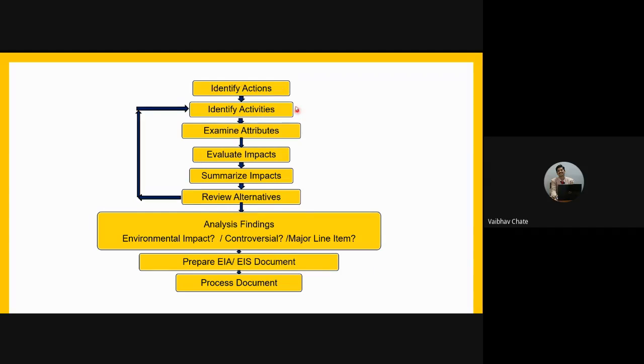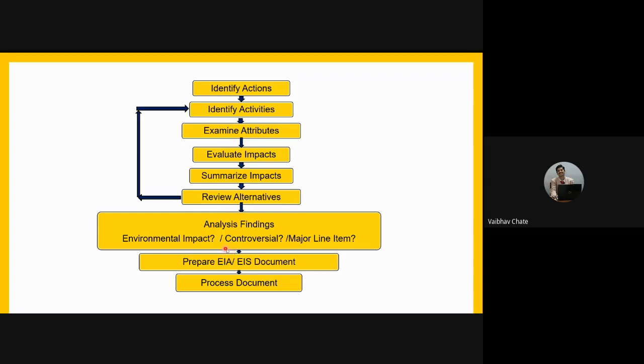After going through all these six steps, we ask three questions. If the answer to any of them is yes, we go for EIS, or else EIA. Before EIA, we go for negative declaration, or FONSI, that is finding of no significant impact. We document it in terms of EIA.